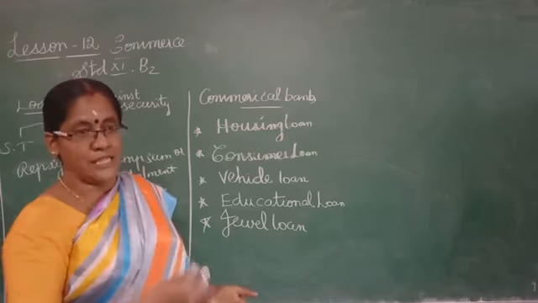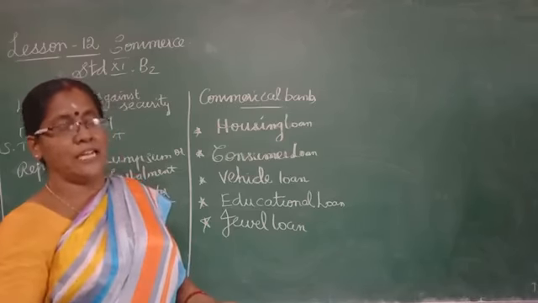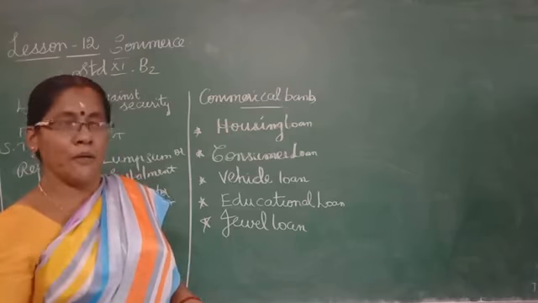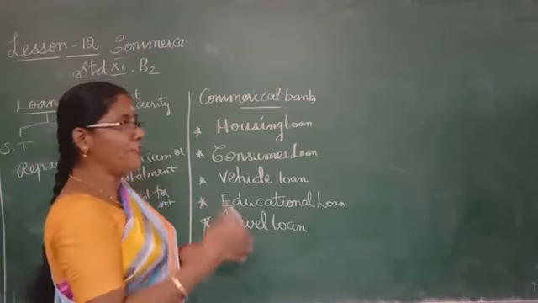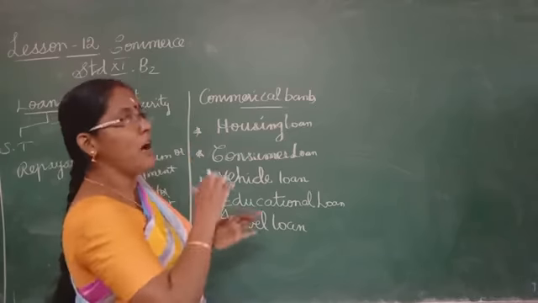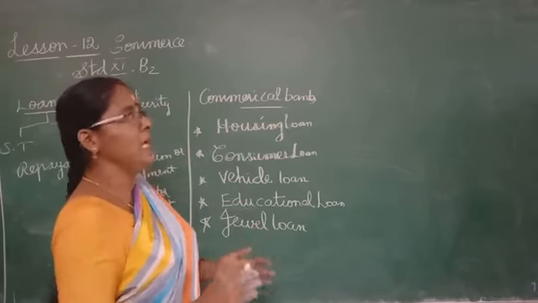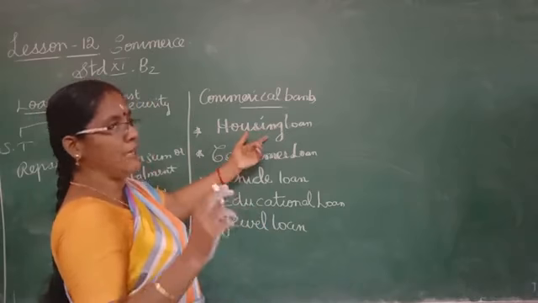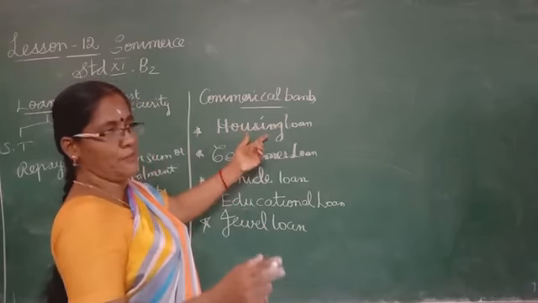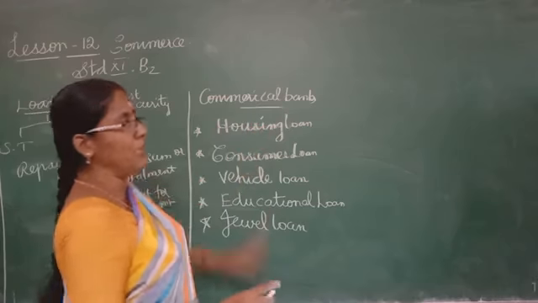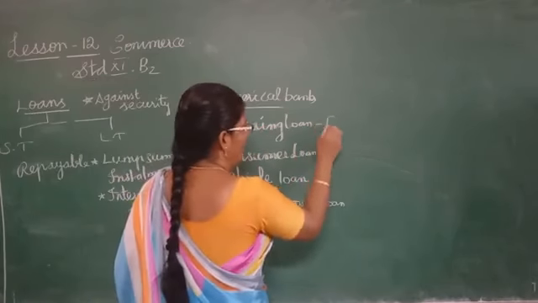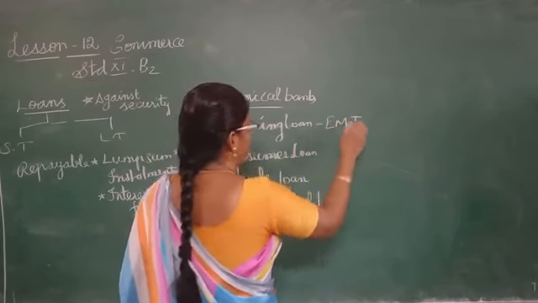They will come and visit the site stage by stage. After the finishing of the housing, they will give 1 month period. After 1 month, we are going to repay the amount with EMI, equated monthly installment.